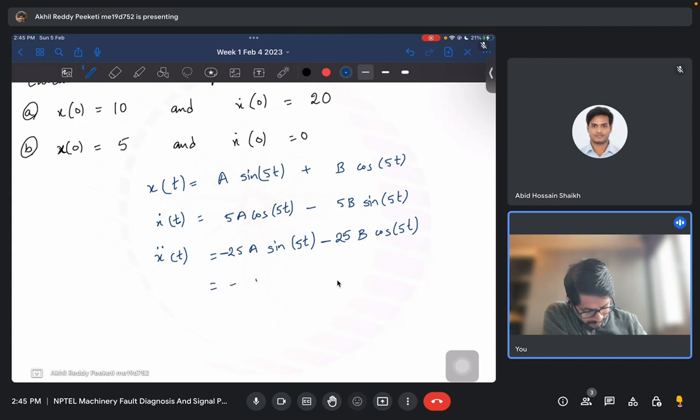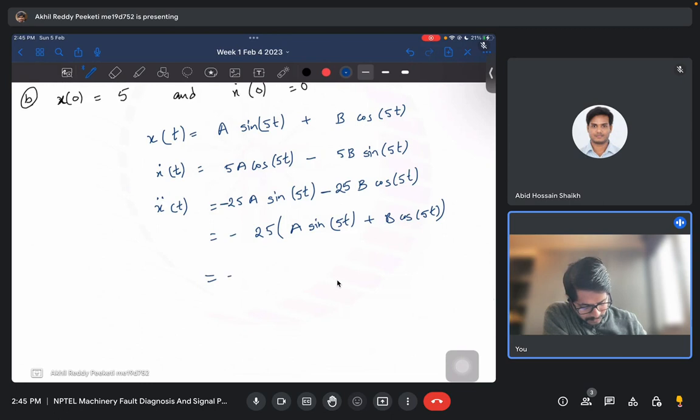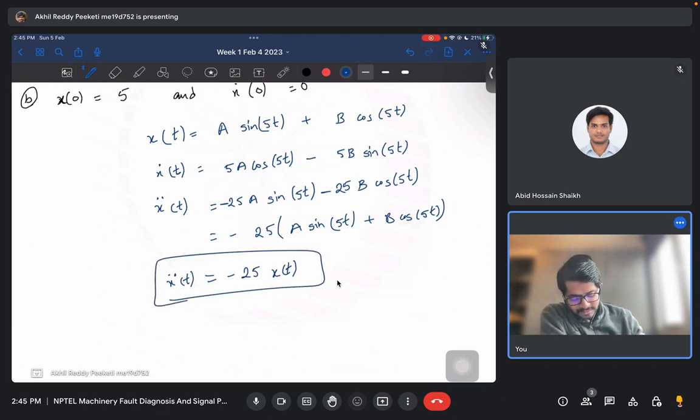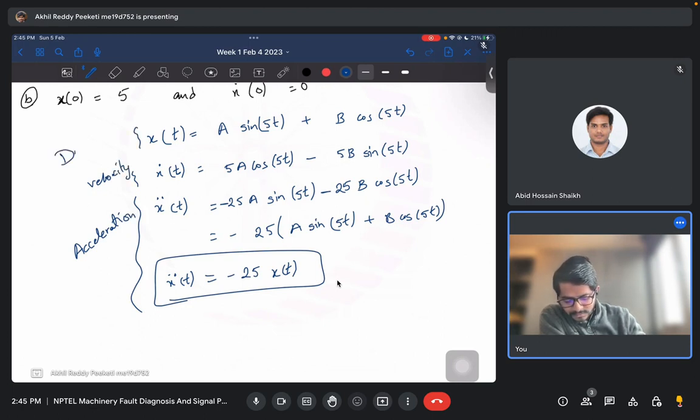If you take minus ω squared outside, it is a sin ωt plus b cos ωt, which is minus ω squared x of t. So this is the acceleration, velocity, and the displacement.